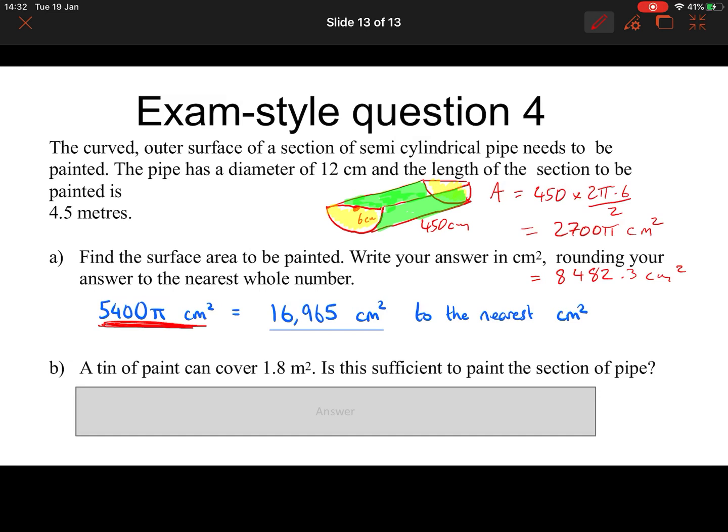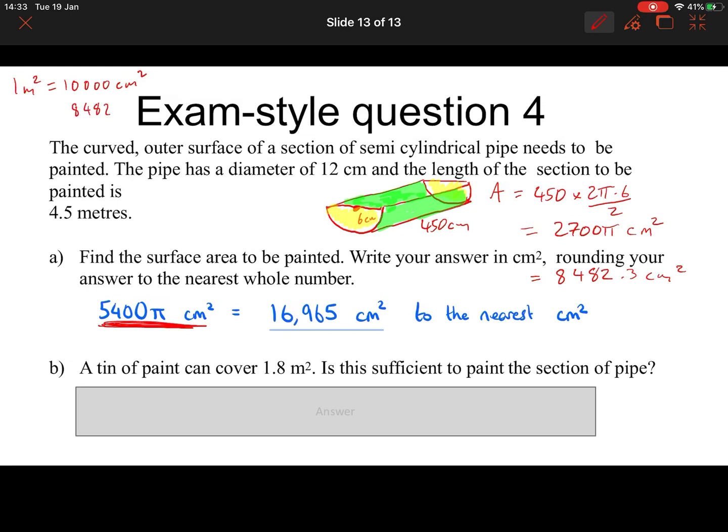centimetres squared. Now what we need to do is convert that into metres squared. Okay, metres squared. So we remember that 1 metre squared should be equal to 10,000 centimetres squared.